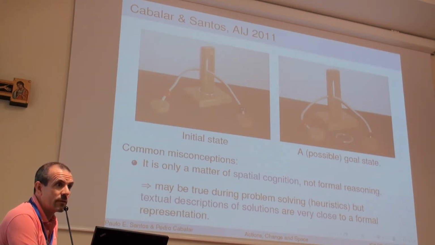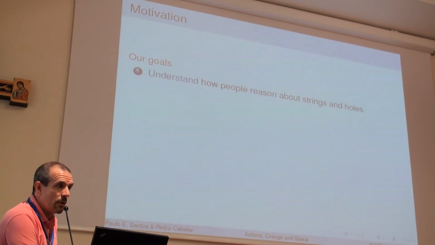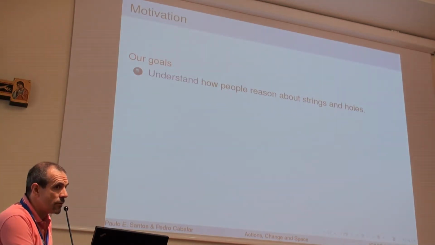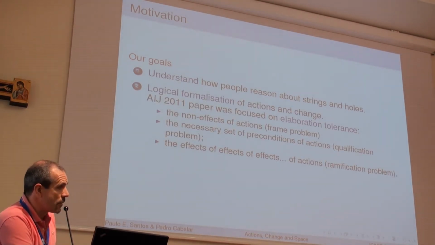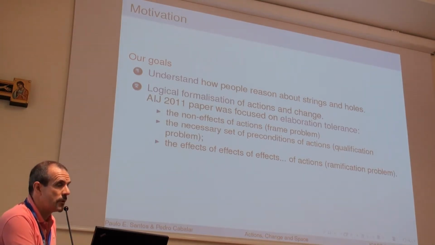We started from the textual description of the solution to try to find out which kind of spatial ontology we were dealing with. So this is our goal, as I said before, and the goal in the paper in particular was related to formal representation, so we were concerned about representing this as a theory of reasoning about actions and change. So we could represent action qualifications, ramifications, and of course trying to solve the frame problem.